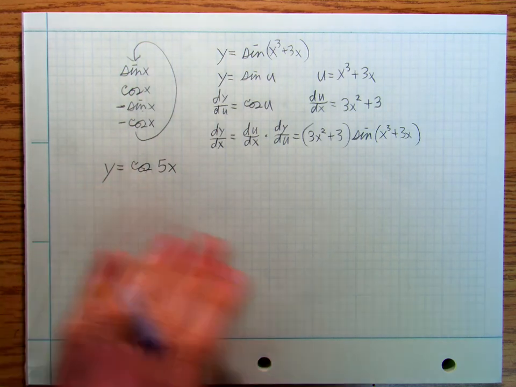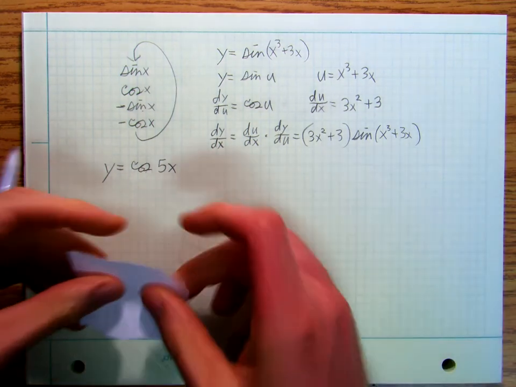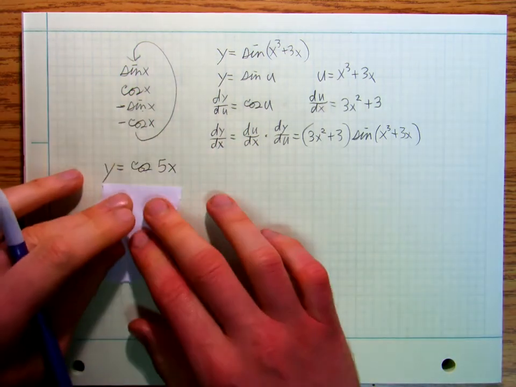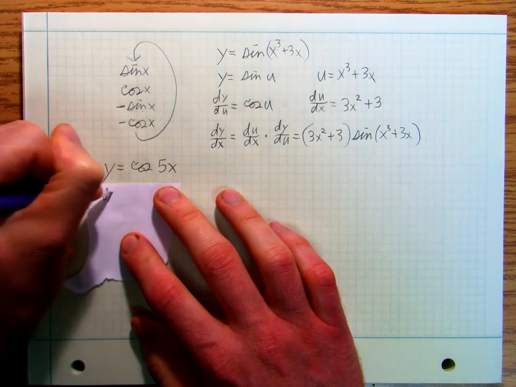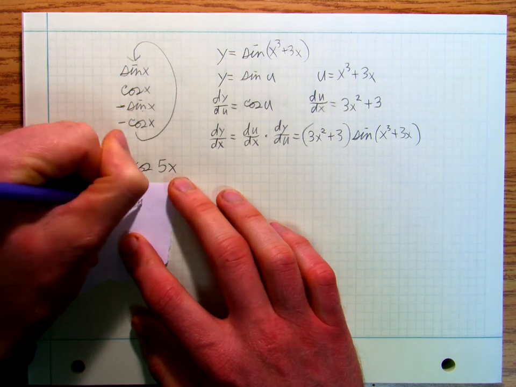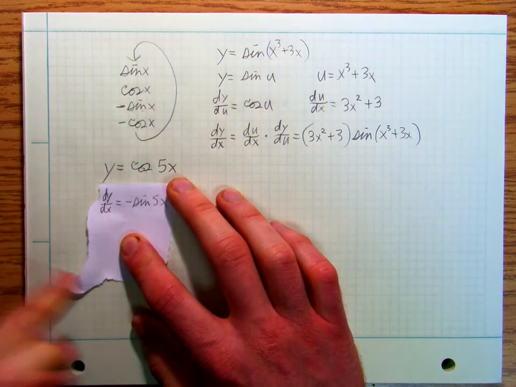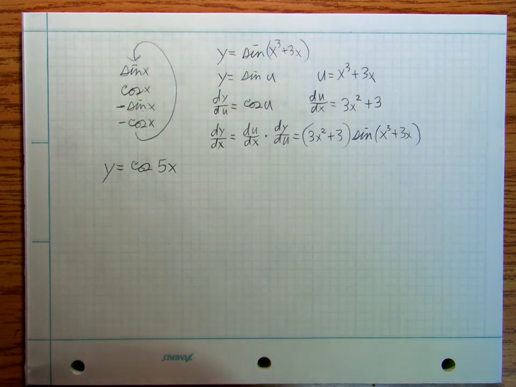So what people will do on this one is say, oh, that's just dy/dx is equal to negative sine 5x, and then they'll just move on from there. That's not the whole story.